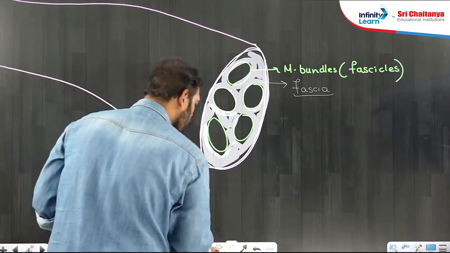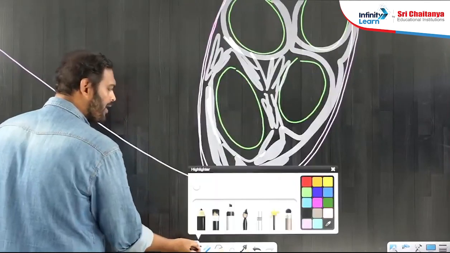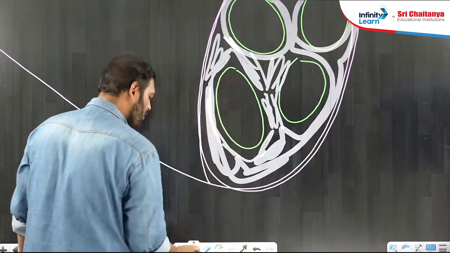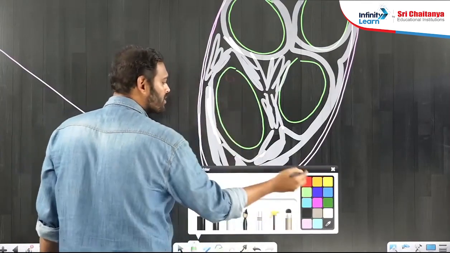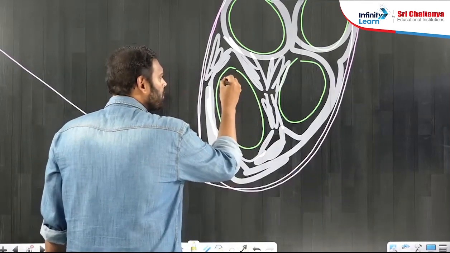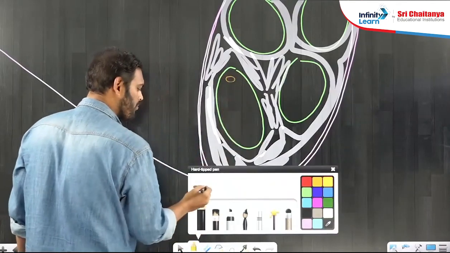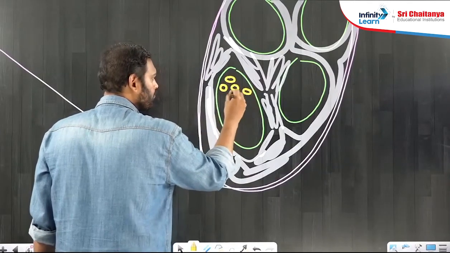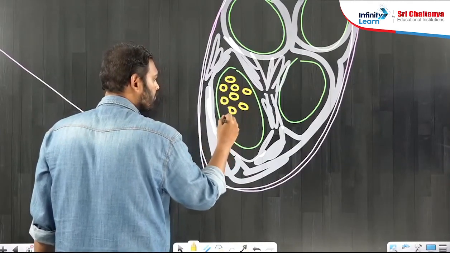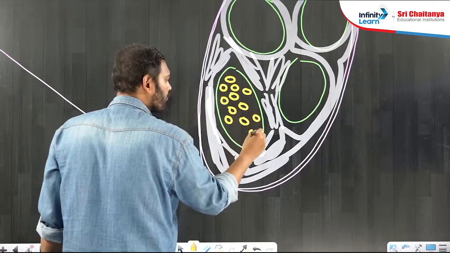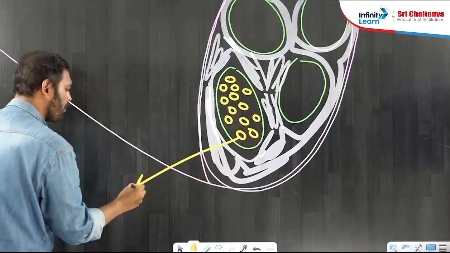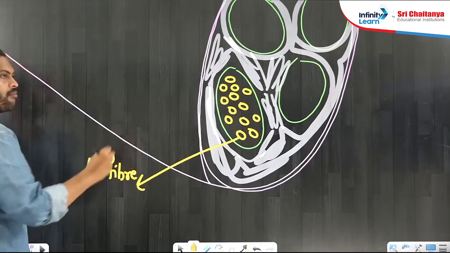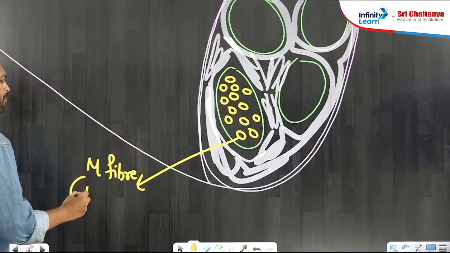Now, if you zoom in further, inside each fascicle you can see many muscle fibers. This is a muscle fiber. Muscle fiber is synonymous with muscle cell.